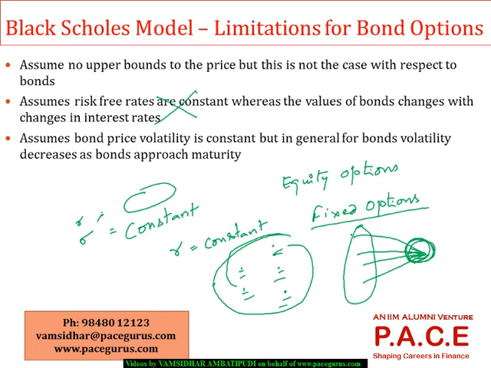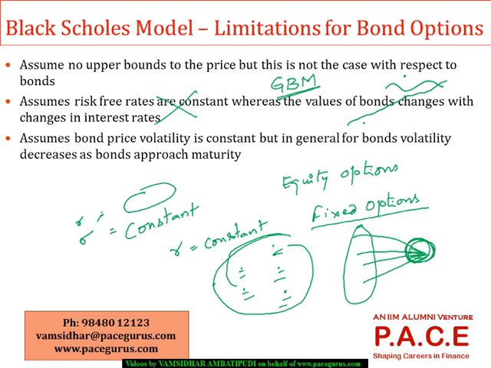And at the same time, the Black-Scholes model, if we remember, assumes that the prices follow a geometric Brownian motion path, which means there is no upward boundary. There is nothing called a mean reverting nature. The prices over a long period will be either moving upwards or moving downwards, not too much of a mean reverting layer, and we are assuming there is no upward bound at all.